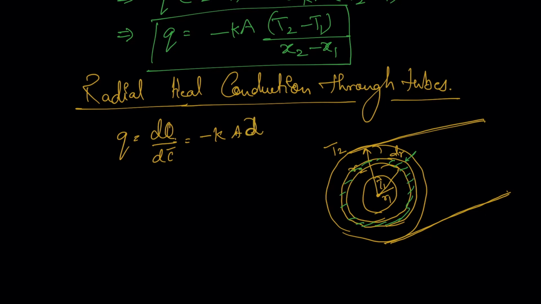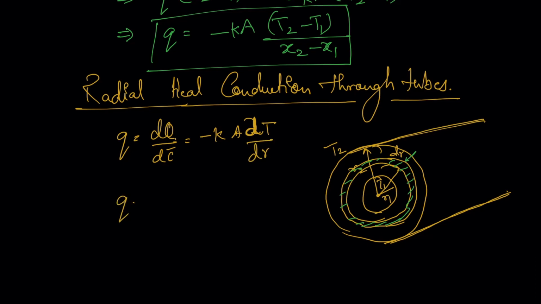We write d now, not partial, because the change in temperature is radially, so dT by dr, right?